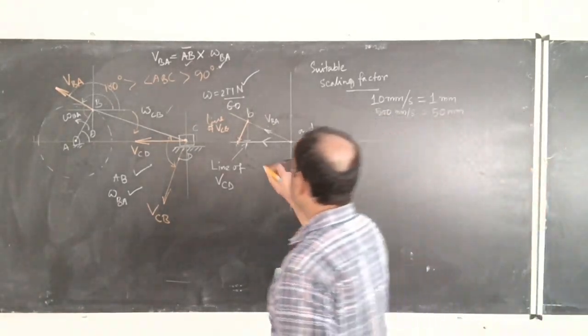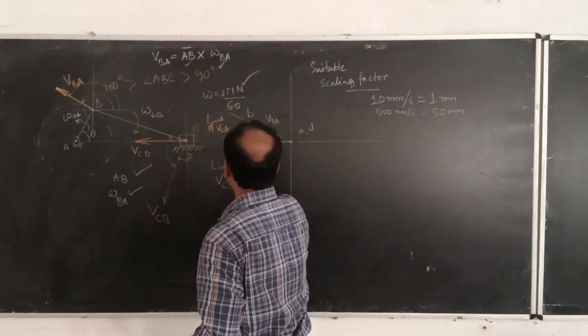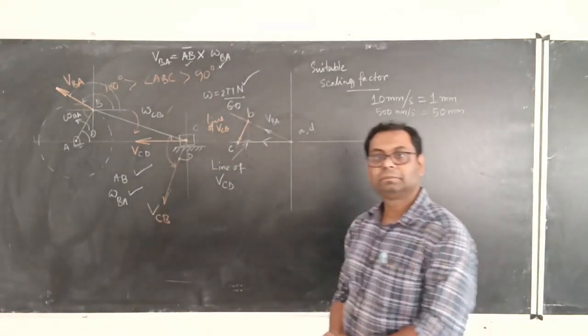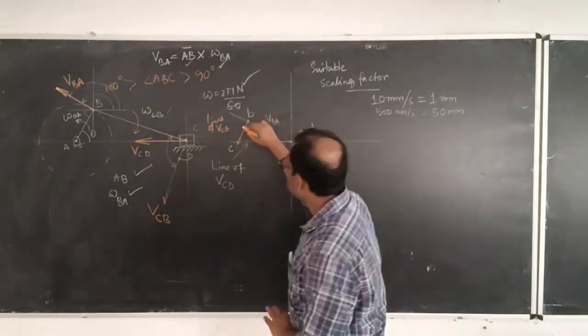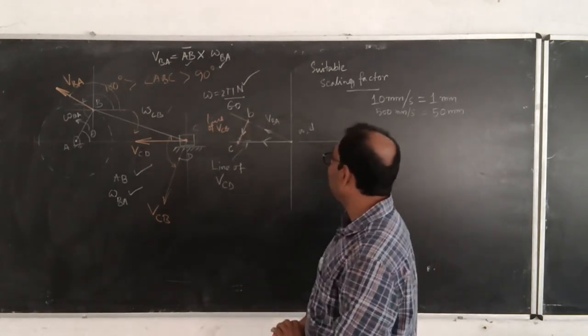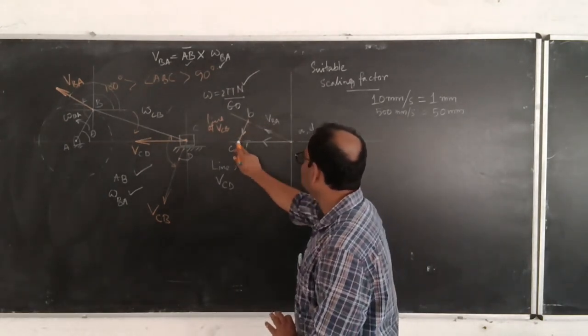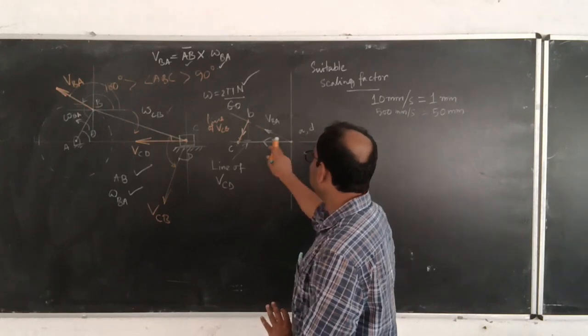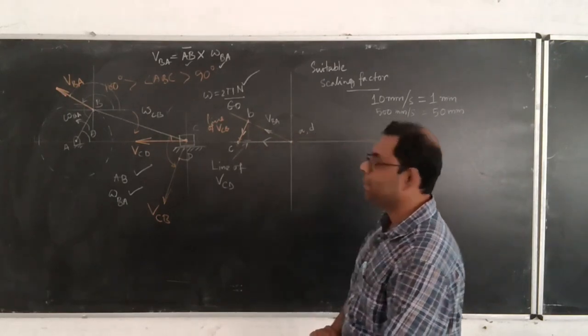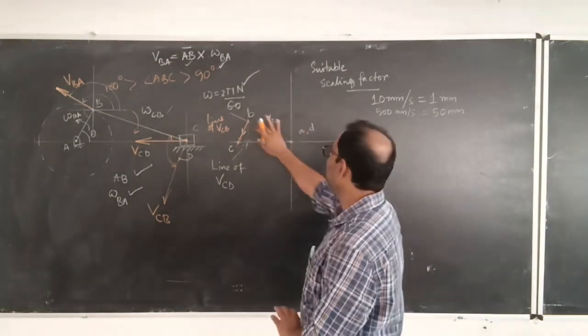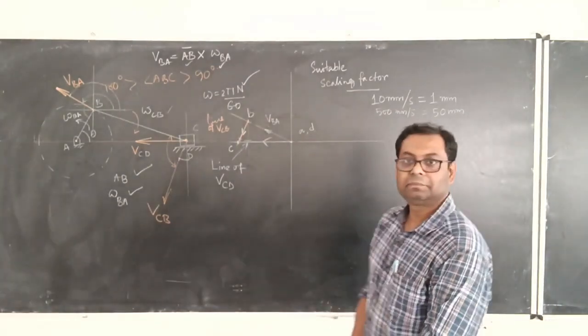This particular point is named point C. From B to C, the direction of the arrow will be like that, and from A to B, the direction is like that.